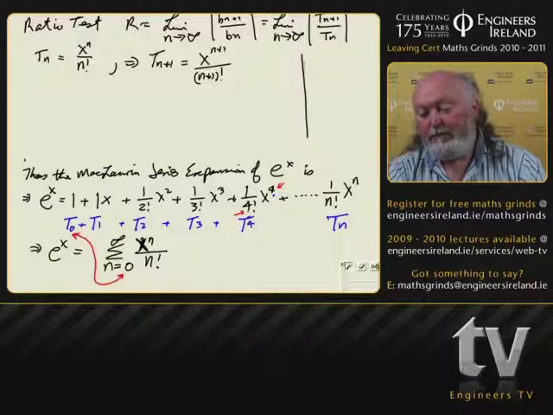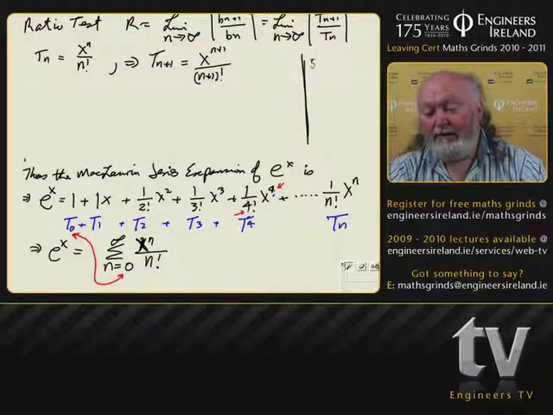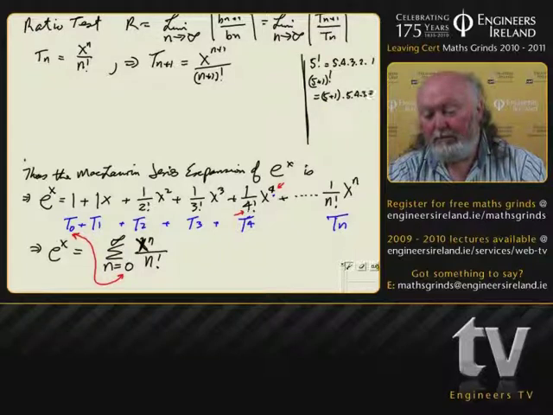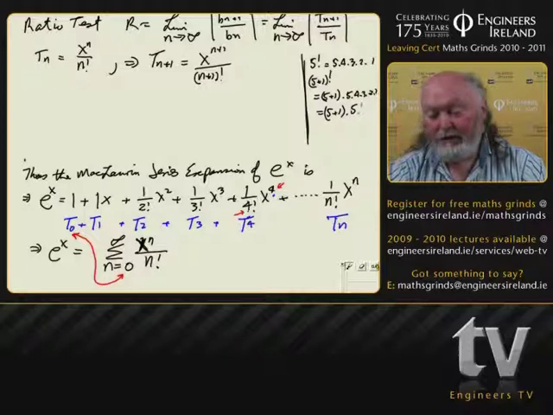Now remember, just in case you needed reminding, 5 factorial is 5 by 4 by 3 by 2 by 1. 5 plus 1 factorial is equal to 5 plus 1 by 5 by 4 by 3 by 2 by 1. So it's equal to 5 plus 1 by 5 factorial.